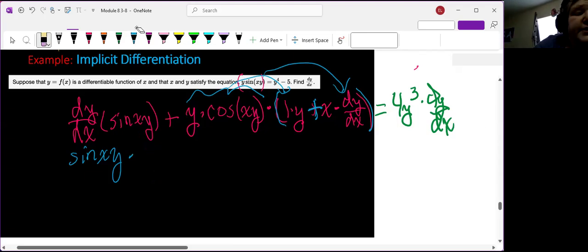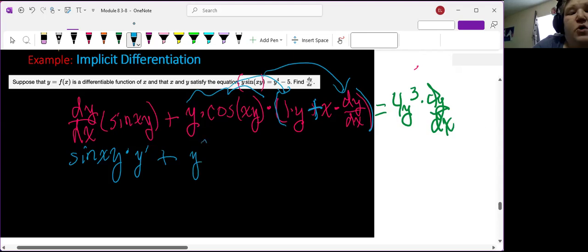And you know what? Now this is another example of, let's do the y prime now. Plus, this one will have the y cosine xy times y, so we will have y squared cosine xy.